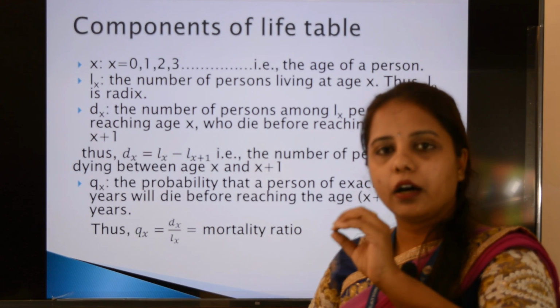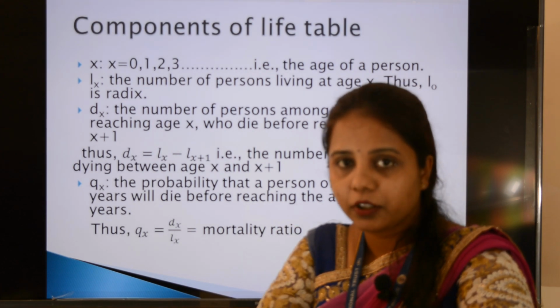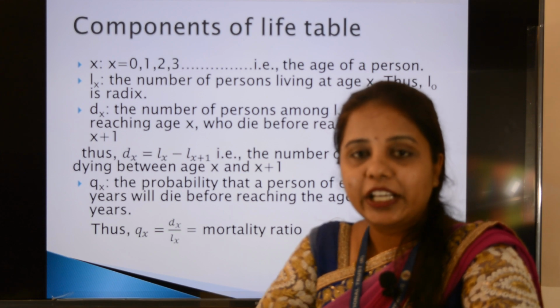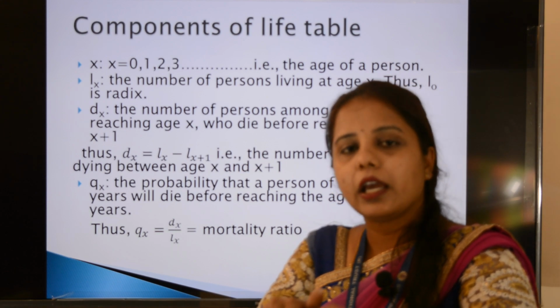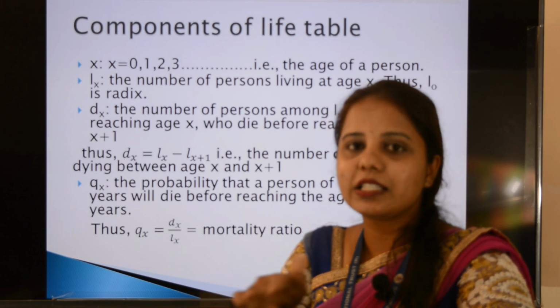Suppose l20 is 9. That means there are totally 9 persons at age 20. Then l21 is 7. I repeat, l20 is 9 and l21 is 7.